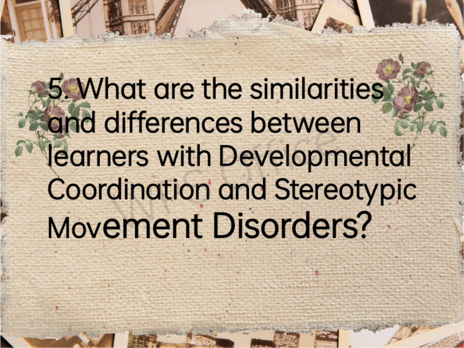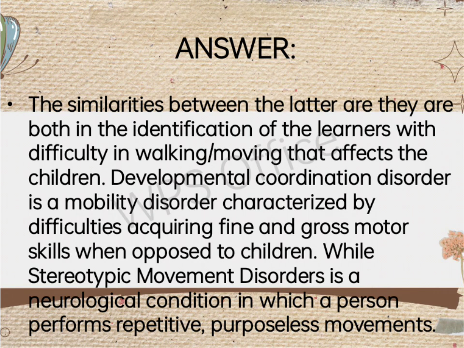Number 5. What are the similarities and differences between learners with developmental coordination disorder and stereotypic movement disorder? The answer for number 5 is, the similarity between the two is that they are both in the identification of learners with difficulty in walking or moving that affects children.